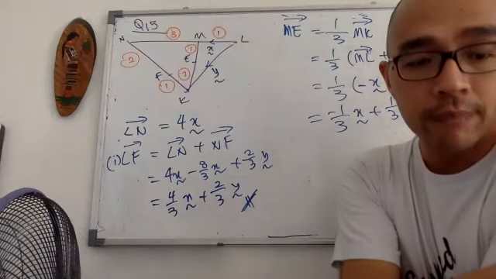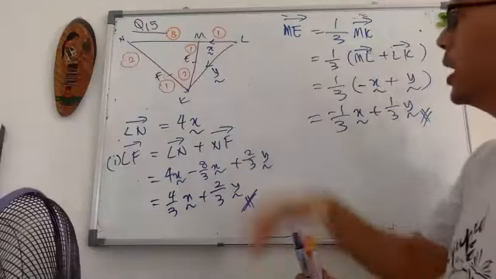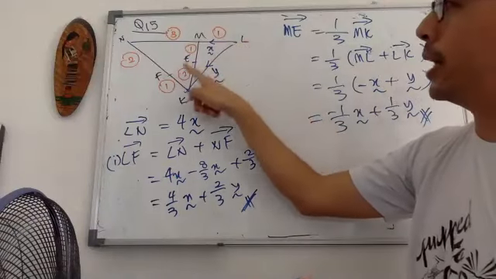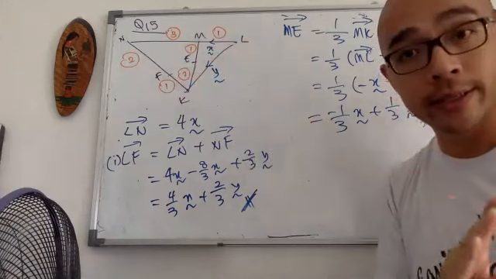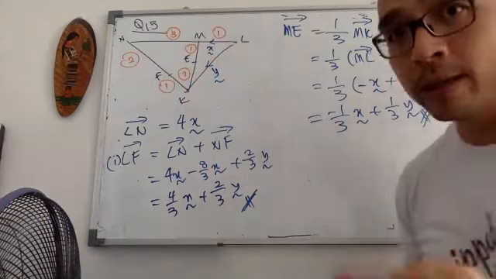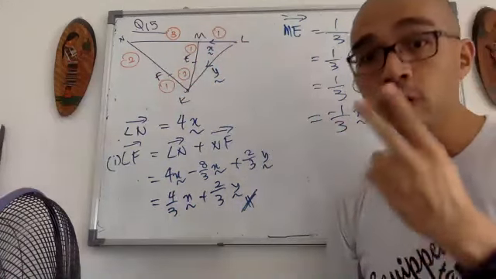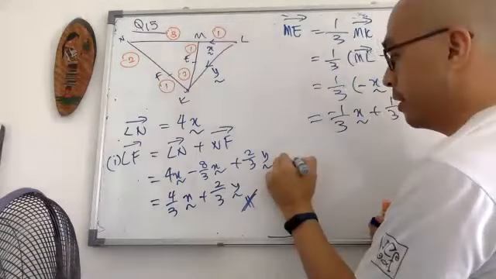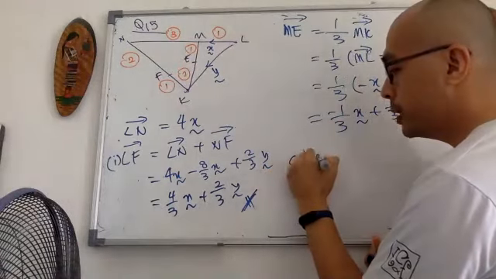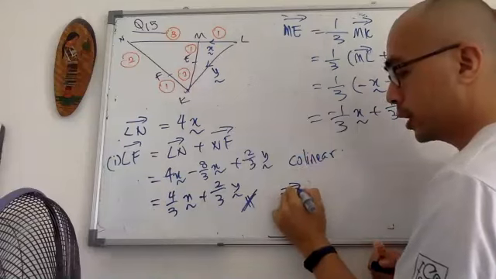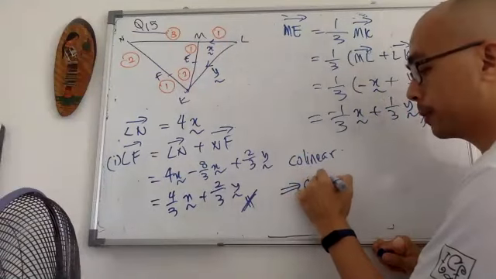Secondly, question B. Show that the points L, E, and F are collinear. Now remember, collinear has 2 conditions that you need to remember. If there are 3 points that are collinear, there must be a common point.